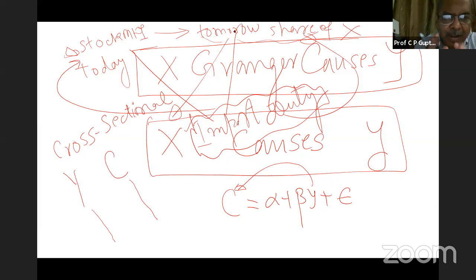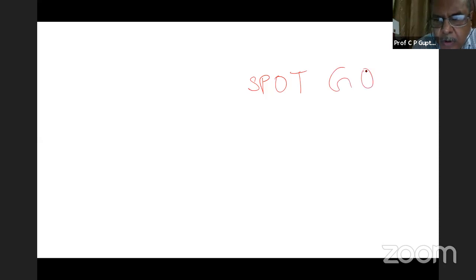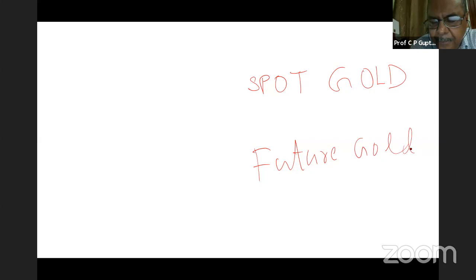Let me take another example to show you what I mean by Granger causality and how it is different from a cause and effect relationship. Suppose I take spot prices of gold in India and future prices of gold in India. Let's assume that the future market is more efficient than the spot market.